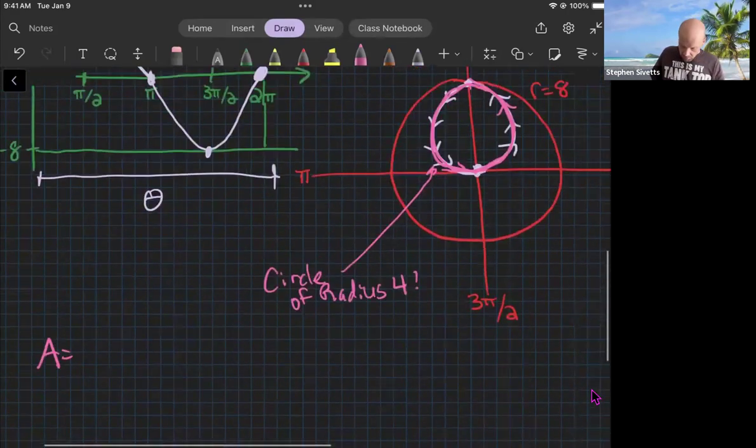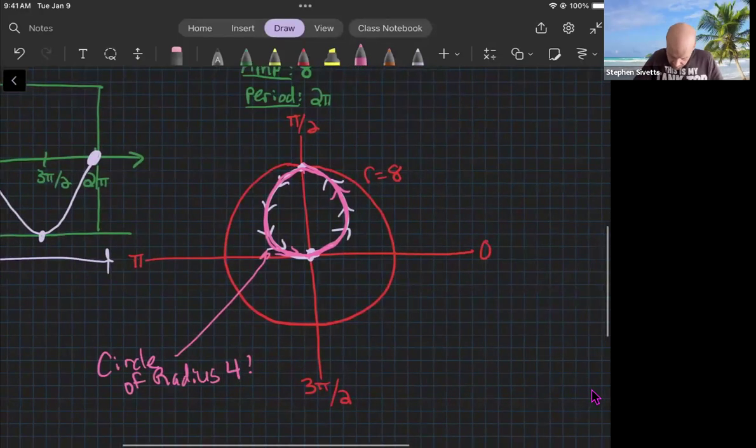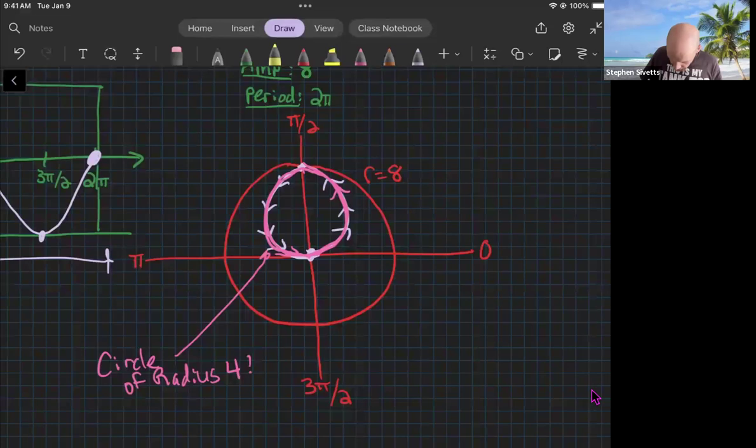integral, well, okay, here's how we're going to do it. Here's one way. We can use symmetry on the circle to figure out the area of half of the circle and just multiply it by 2 to get the area of the whole circle, right?